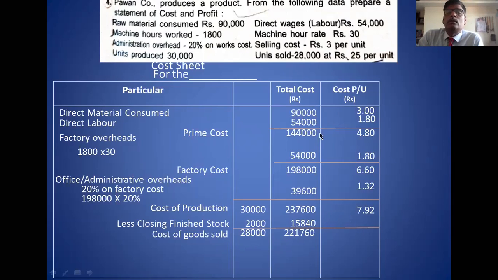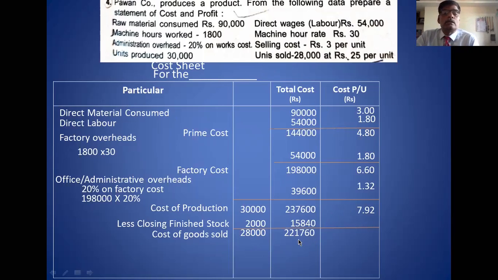From the first stage to the cost of production stage, you divide the total cost by number of units produced, that is 30,000. From this stage onwards, you divide the total cost column by the unit sold, 28,000.